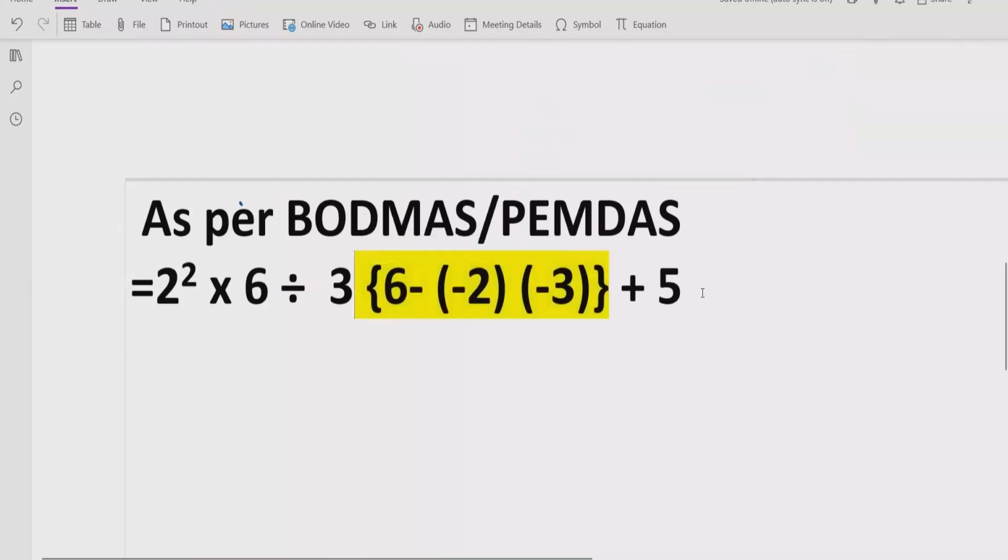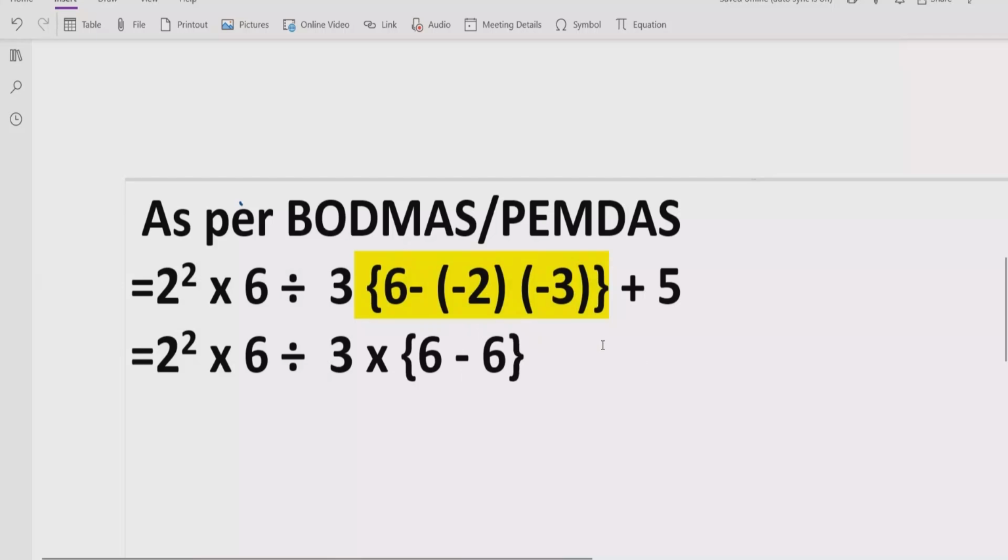We have to solve the innermost bracket part first, and we will write the other part as it is. Minus 2 multiplied by minus 3 gives 6, and here we have the curly bracket and plus 5.